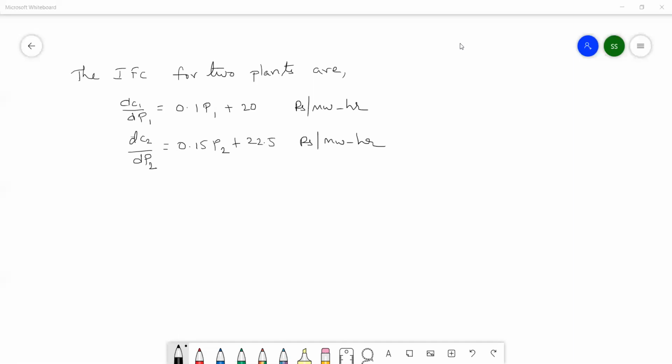In the problem P1 equal to P2 equal to 100, so substitute these values and you can obtain the penalty factor for plant 1, that is L1.